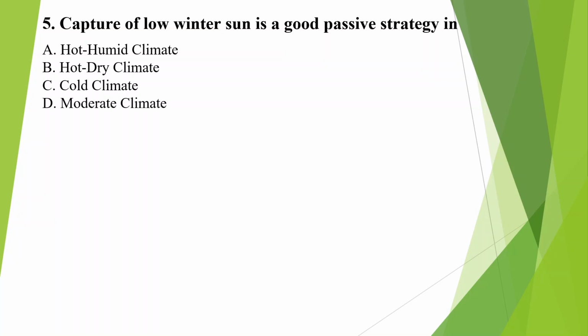If you are residing in hot and humid climatic conditions, it's already hot, so you will not be focusing on capturing winter sun. In hot and dry climate conditions also, you will not be willing to capture low winter sun. So the most appropriate answer for this particular question will be option number C, that is cold climate conditions.